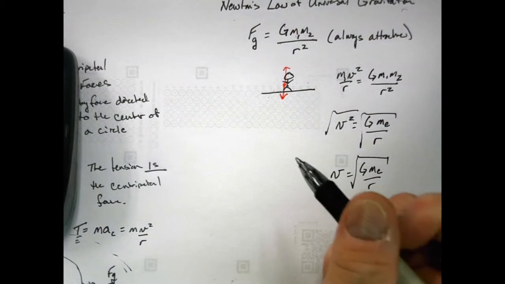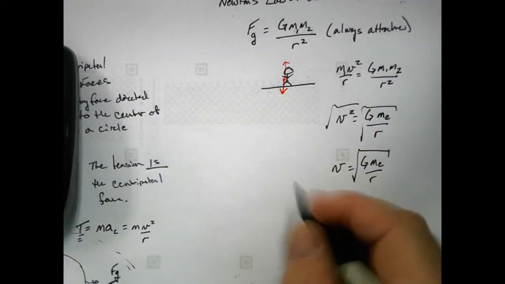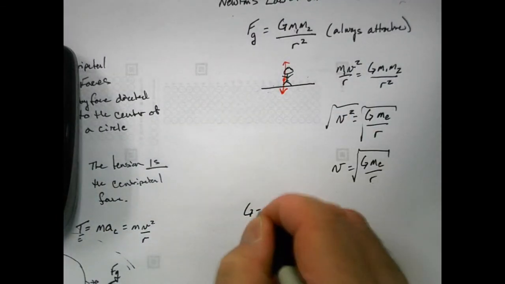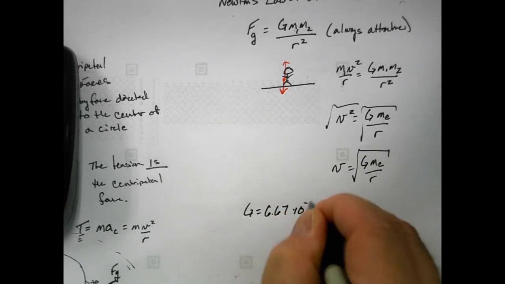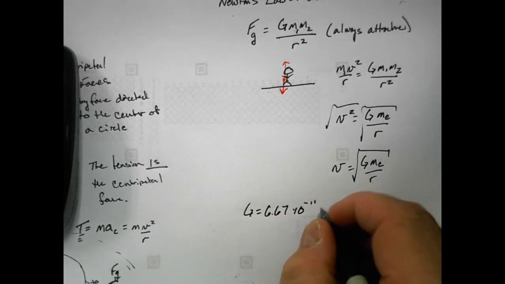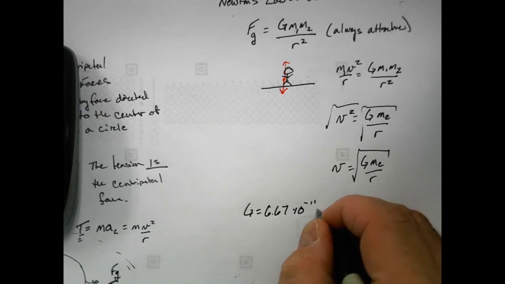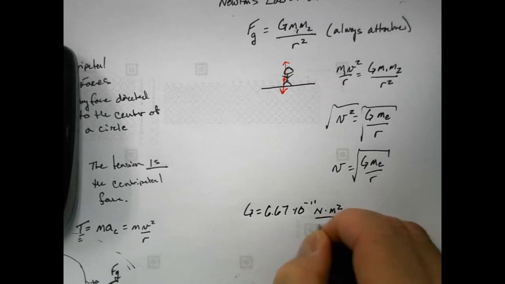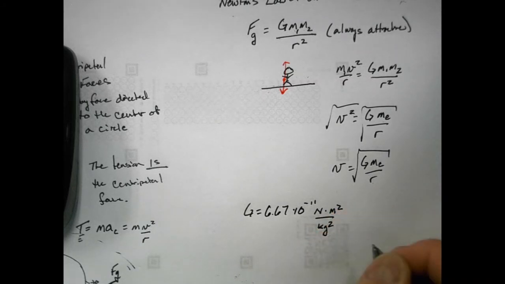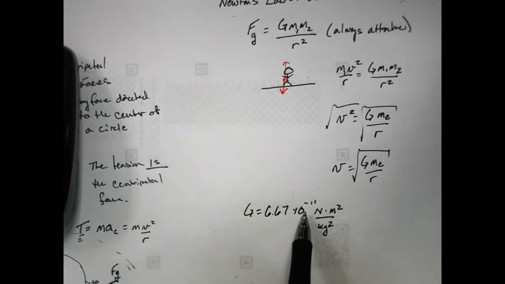I did forget to tell you what G was. So the value of G is equal to 6.67 times 10 to the negative 11th Newton meter squared per kilogram squared. And this is the value of that constant.